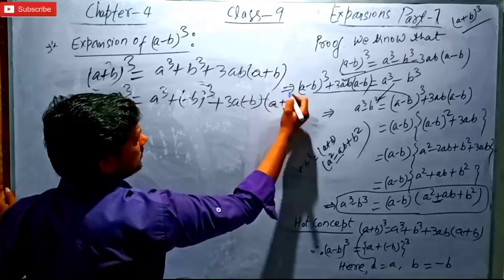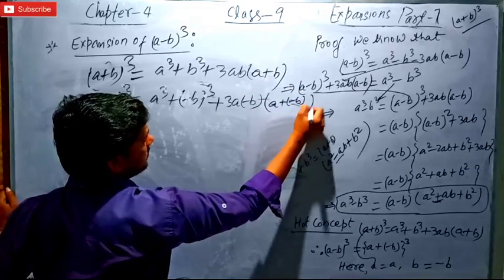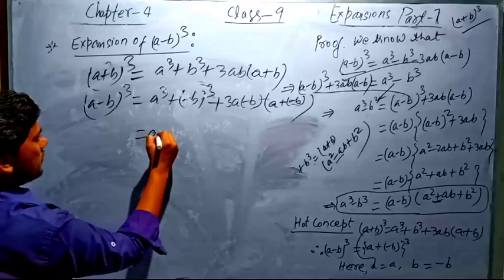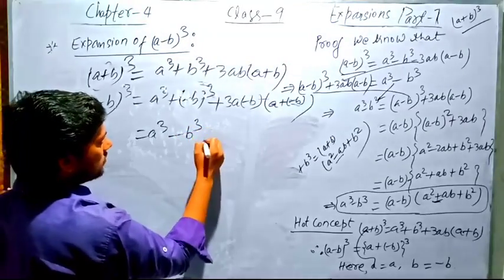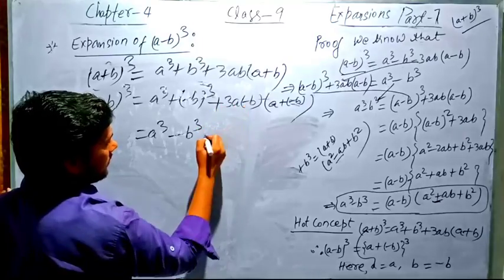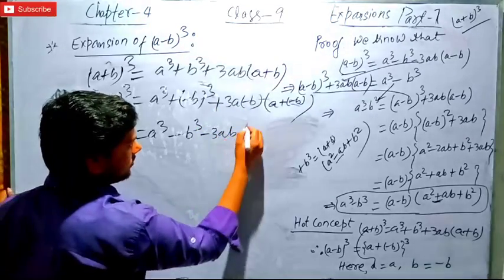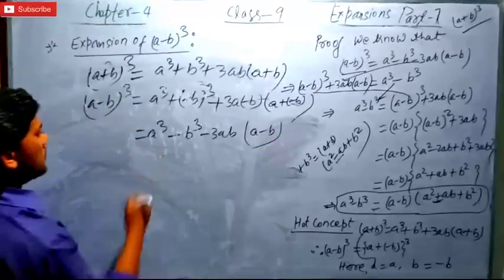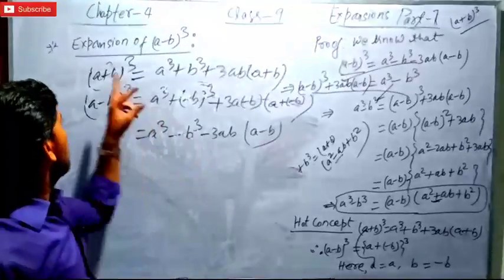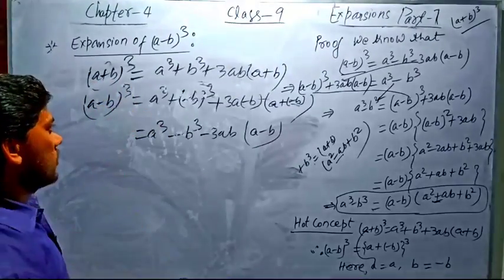So plus b is replaced by minus b. Then we get a cube minus b cube, and plus into minus is minus, so minus 3ab into (a minus b). It is the hot concept for (a minus b) to the whole cube.